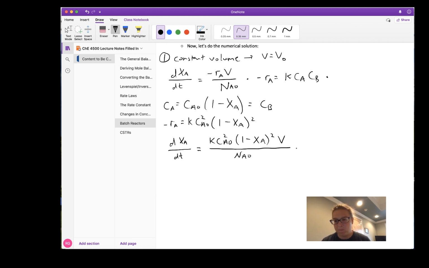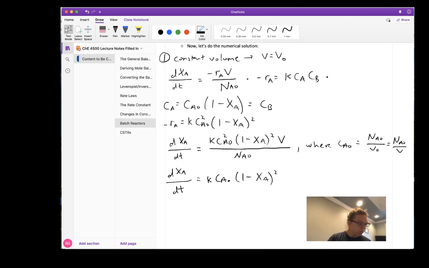Do you see it? I have the moles of A initially on the bottom and the V here. If I take these two terms together, this is 1 divided by the initial concentration. So we can say where CA0 equals NA0 over V0, which we've said is equal to NA0 over V. In that case, I have dXA/dt is equal to k CA0 (1 minus XA) squared.